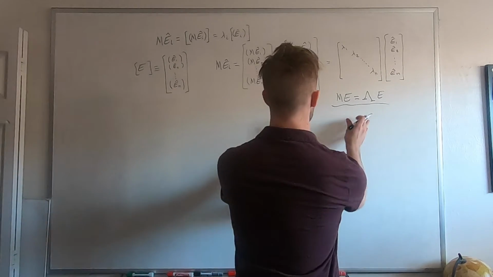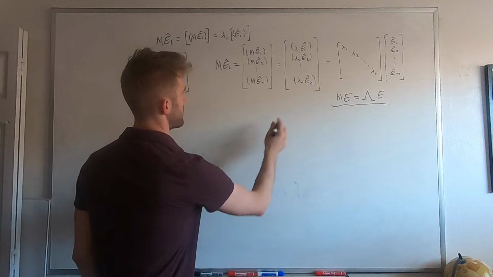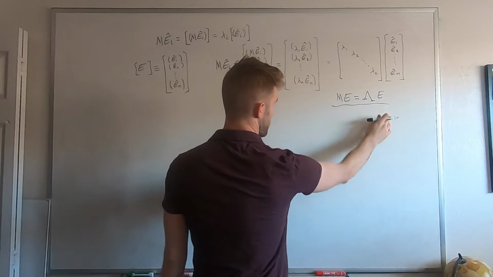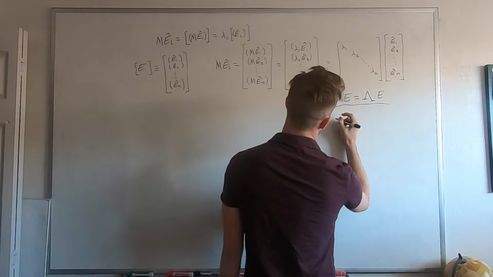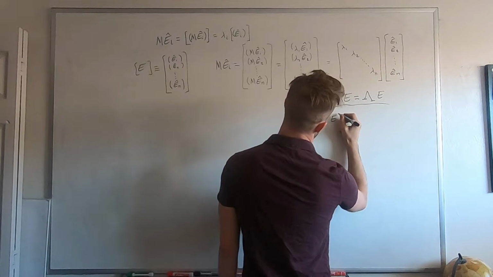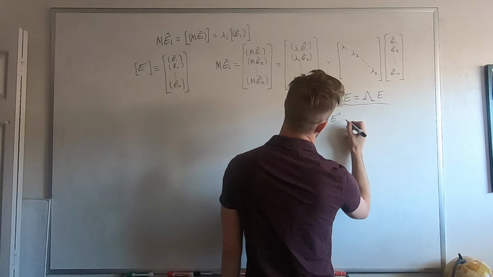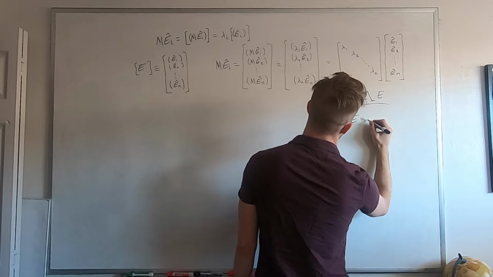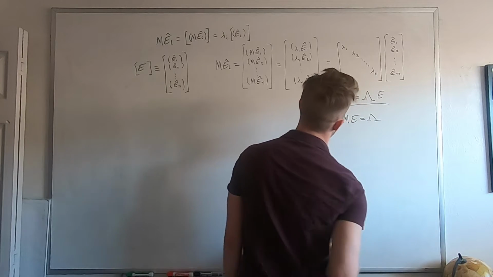Okay, so we can represent this a little bit differently. We can bring our eigenvector matrix to the other side, and we're going to have E inverse, so E to the negative 1, times M E equals lambda.